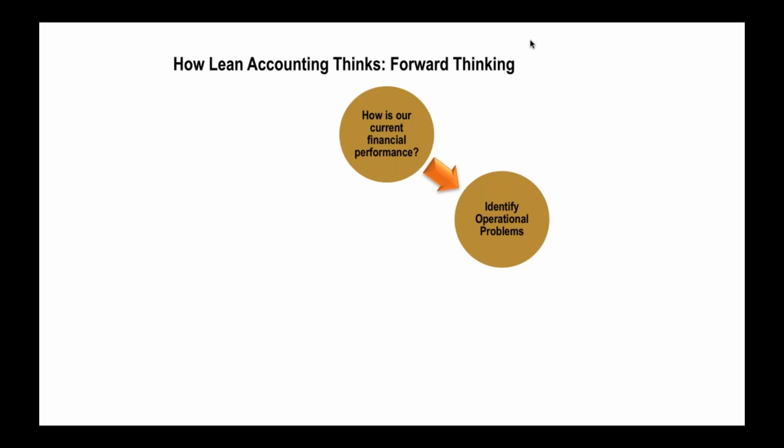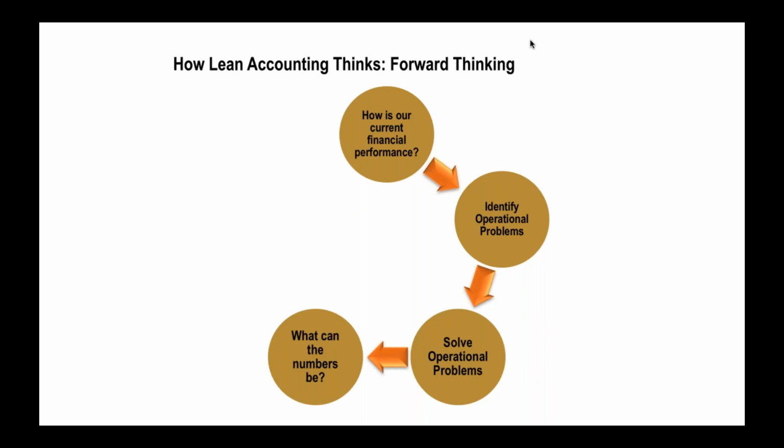This is a joint effort between accounting, operations, and senior management. Solve the operational problems that are preventing financial performance from improving. Look ahead in terms of a relationship between improving operating performance and improving financial performance. What is that relationship? And then focus on making the numbers.